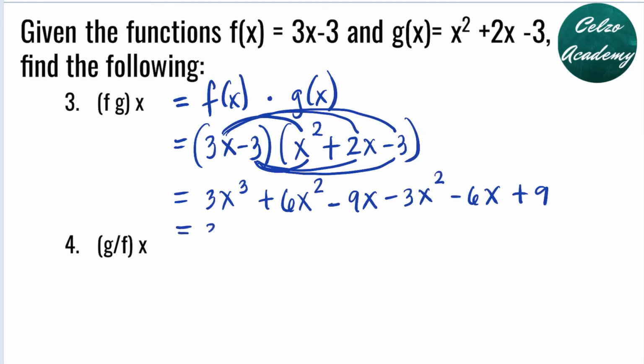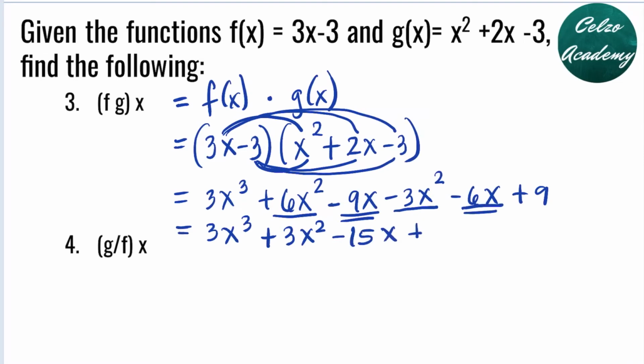So we have 3x cubed is alone. 6x squared and negative 3x squared, that's plus 3x squared. Negative 9x and negative 6x, that is negative 15x. And the constant 9 is alone. So the answer for this product problem is 3x cubed plus 3x squared minus 15x plus 9.